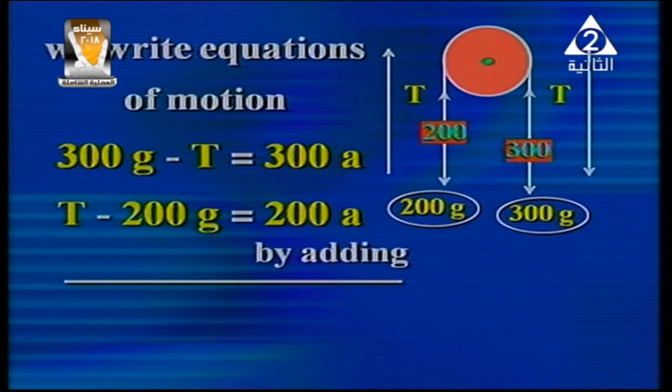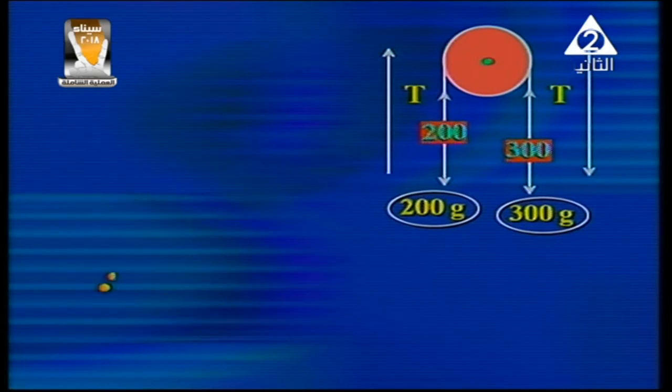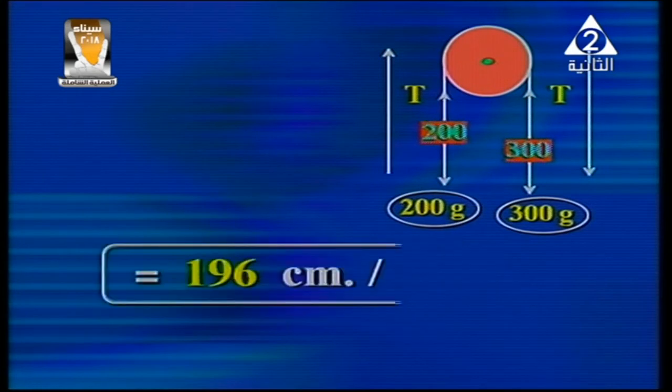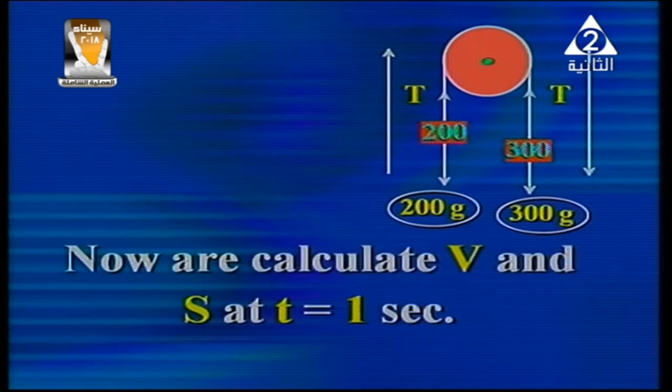By adding, we get 100g equals 500a. By substitution with g equals 980, we find the value of a: 100 times 980 over 500, so the acceleration is 196 centimeter per second squared. After that, calculate the velocity and the distance at time equals 1 second.